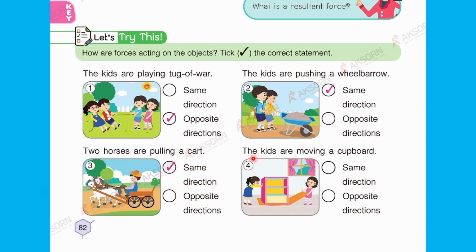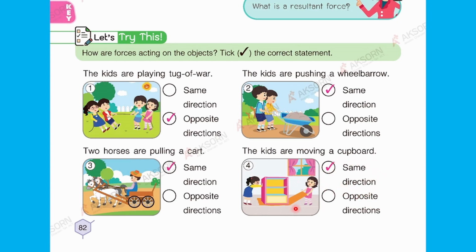Number 4. The kids are moving a cupboard. So same direction or opposite directions? Again, it's same direction.